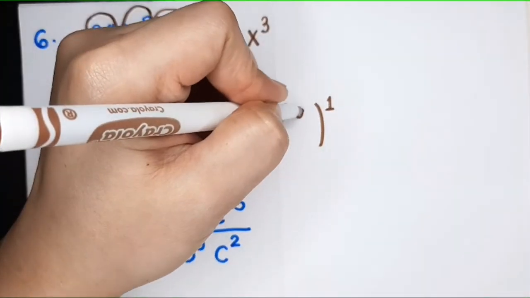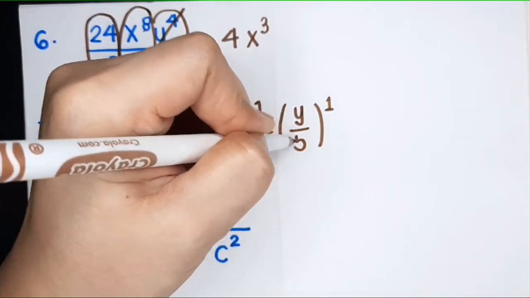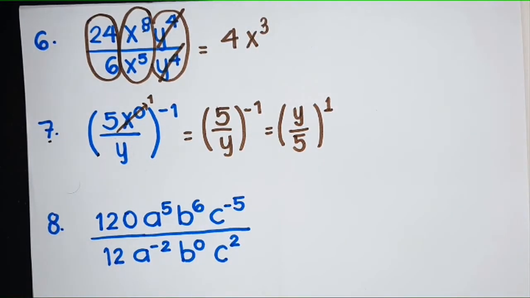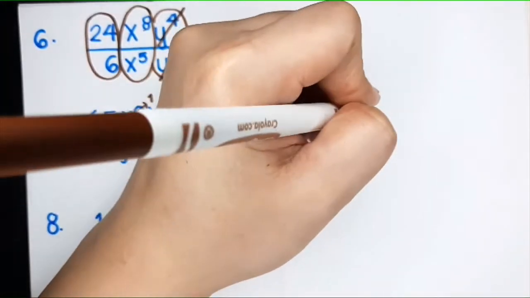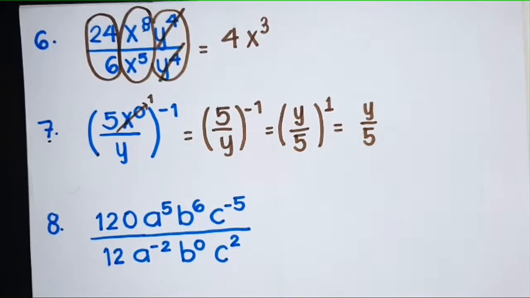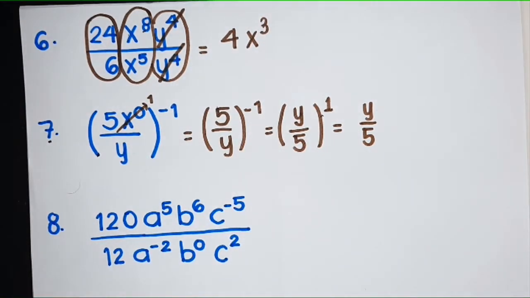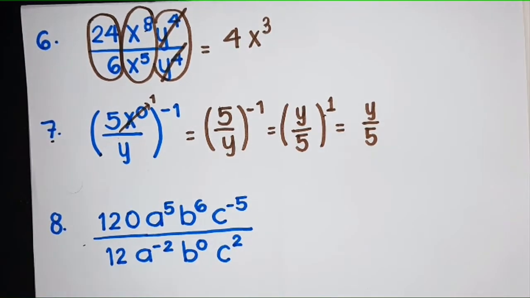So, dito nyo na ilalagay yung denominator, tapos sa baba naman yung 5. Okay? And then that's it. Your final answer is y over 5. Kasi kapag 1 ang exponent, you may just ignore it. Alright? Okay. Let's continue.